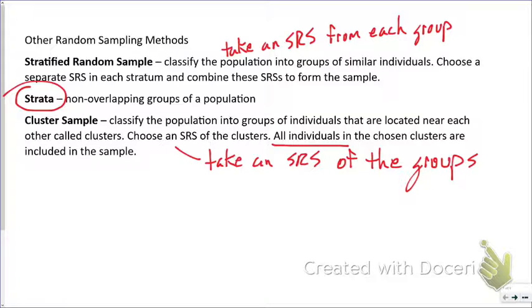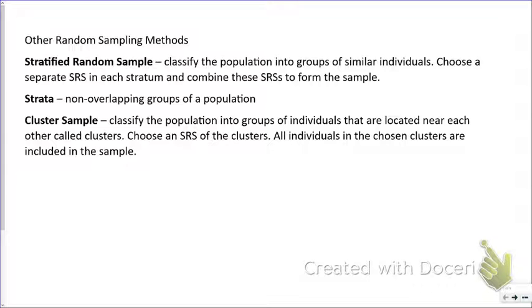So let's say I have 10 groups, and I number them all 1 to 10, and I get, say, 2 random numbers. Then 2 of the groups are chosen, and I take all students in those 2 groups. We'll practice it, I promise. It'll make sense after a few of these practice problems.